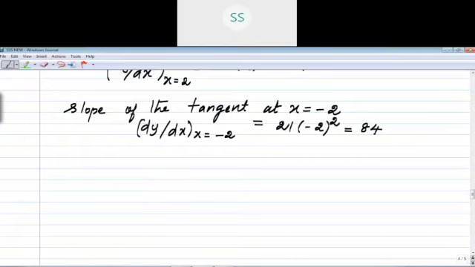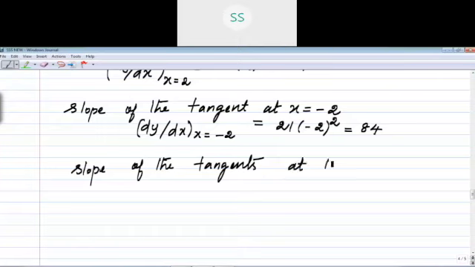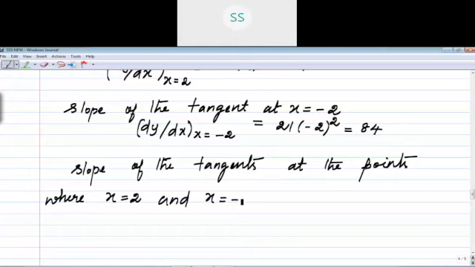The slope of the tangents at the points where x is equal to 2 and x is equal to minus 2 are equal, right?